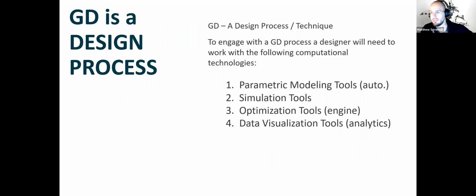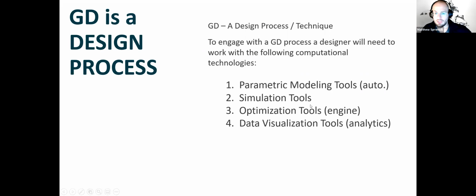I like to pause here and say that generative design is not just about tools, though. It's really a design process, and it's really a design approach. In my opinion, it is founded on 4 core technologies. There is parametric modeling, things that we're used to, like Revit, Dynamo, Grasshopper.